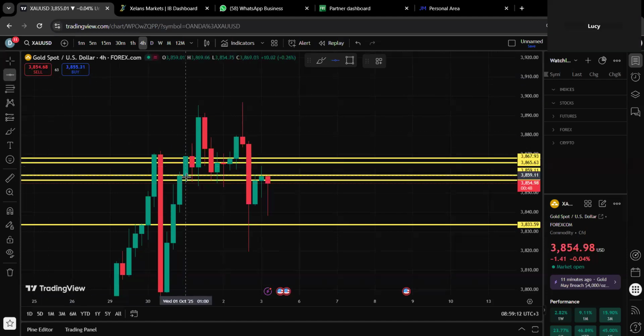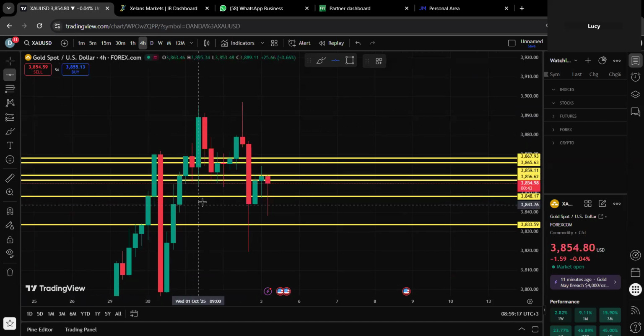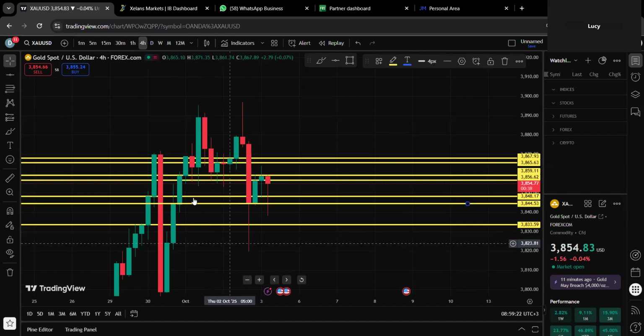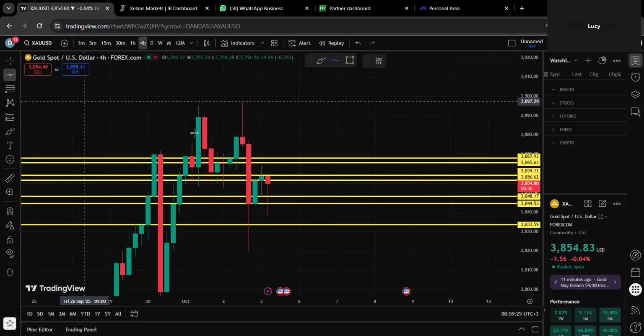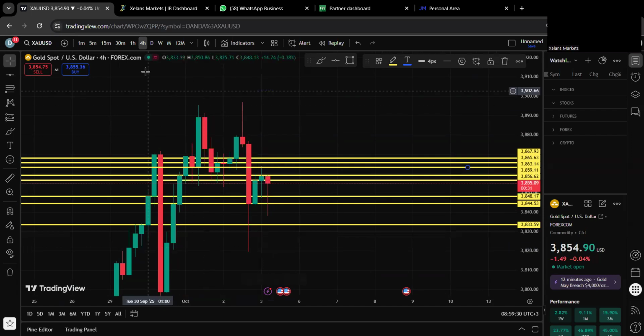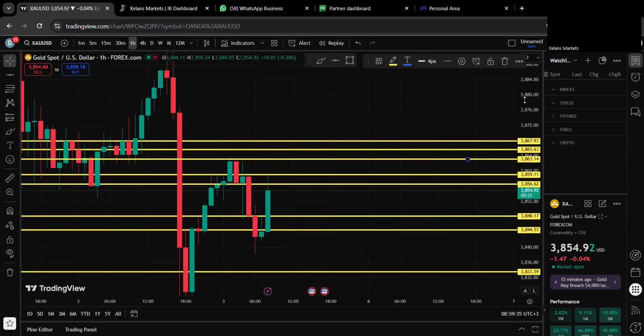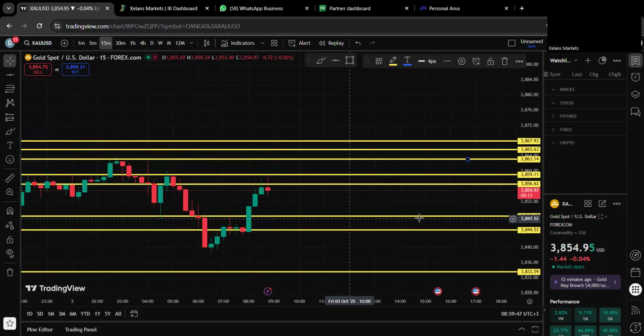I'm just doing just a few. Like that. Now we can go to 1 hour. After 1 hour, now you can see the market is playing within these lines. You can see. So we can go now to 15 minutes or to 30 minutes.